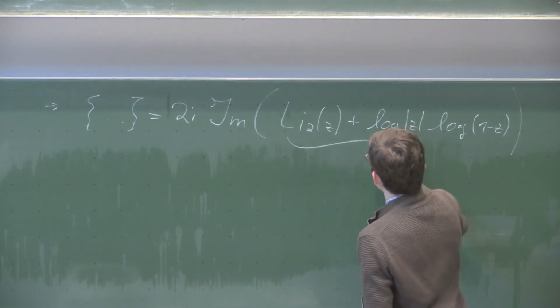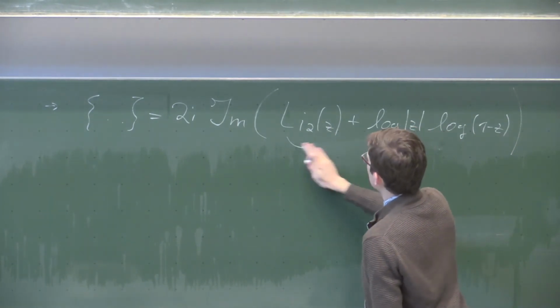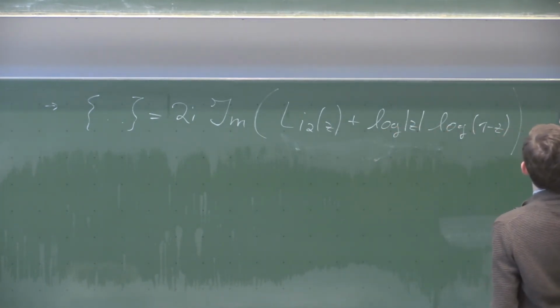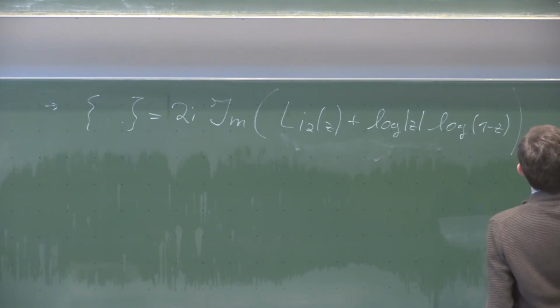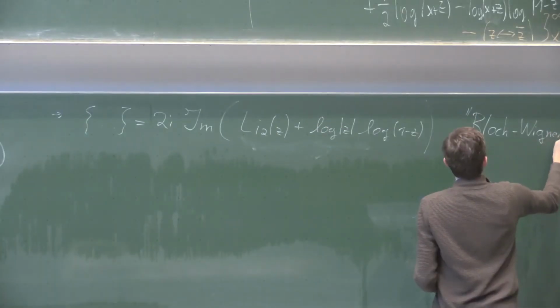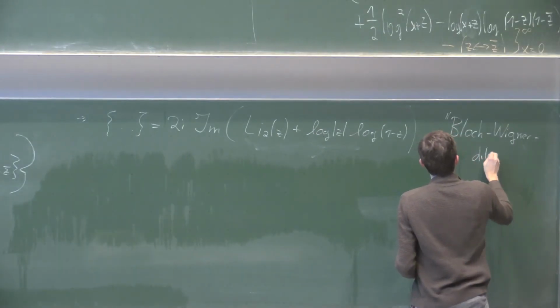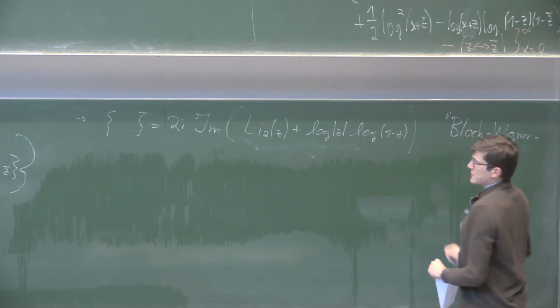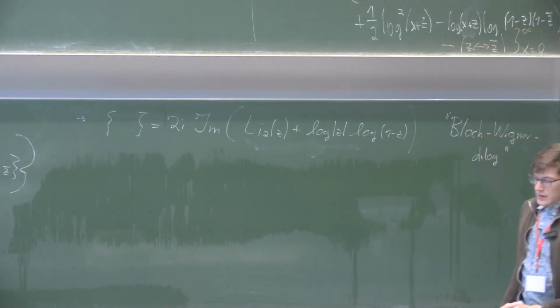And this thing is called the Bloch-Wigner. I mean, the whole thing is called the Bloch-Wigner dilogarithm, which has many special properties and plays a huge role in number theory.